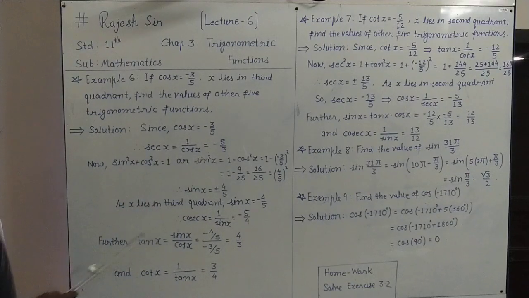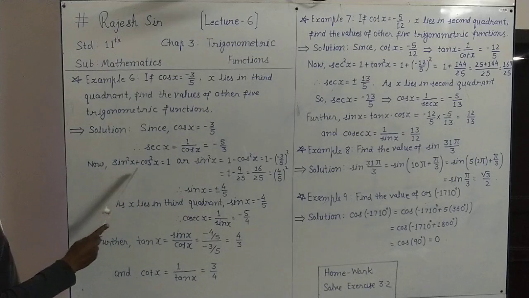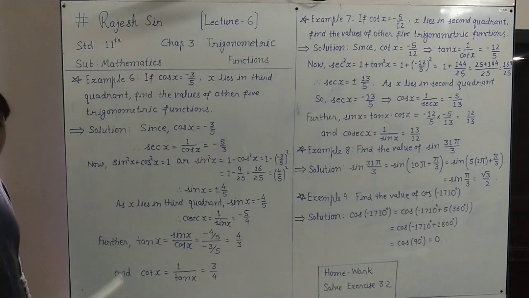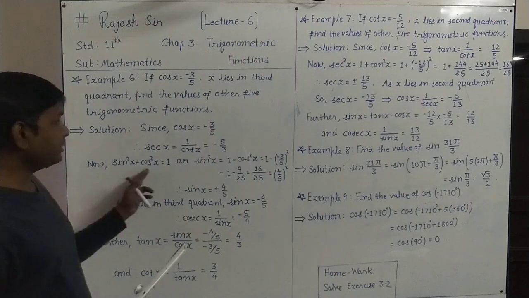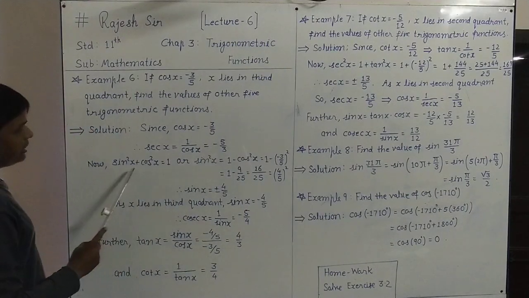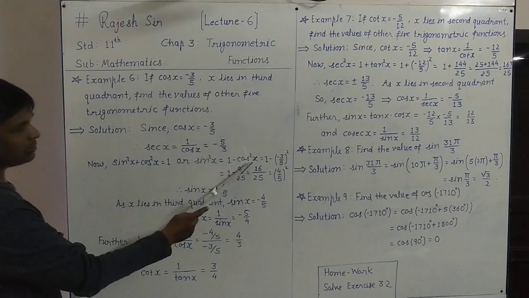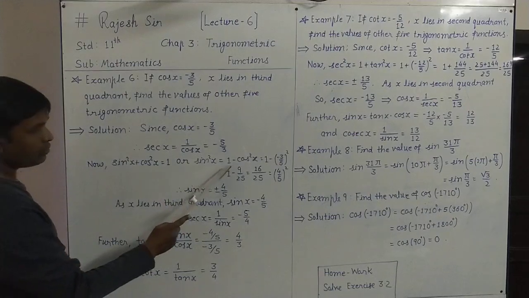Now to get the other trigonometric functions, we know the identity sin square x plus cos square x equals 1. In lecture number 4 we defined it and proved it. From this, sin square x equals 1 minus cos square x.